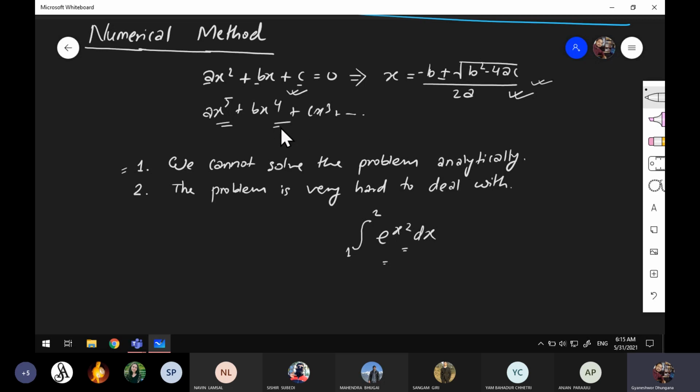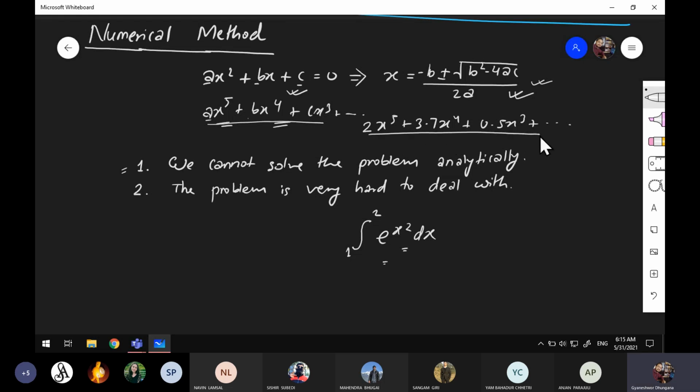In this particular example also, if we use these parameters, then definitely we can apply the numerical method. The problem should be specific. That is, I may have the problem like 2x^5 plus 3.7x^4 plus 0.5x^3 and so on.